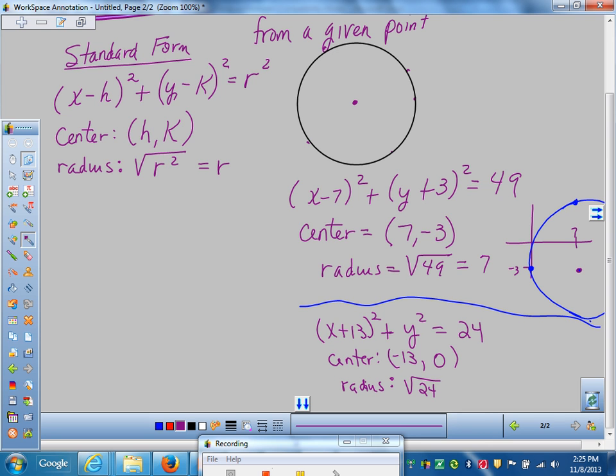Then I would want you to break it down and reduce it. It's not going to come out an exact number. 24 would break down as 2 times the square root of 6. Okay, so not bad. Circles, right?